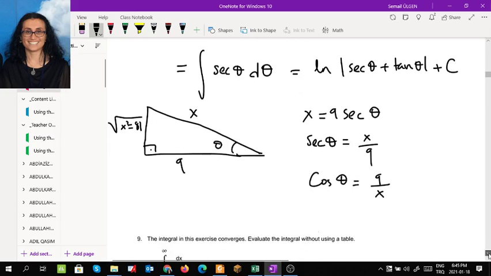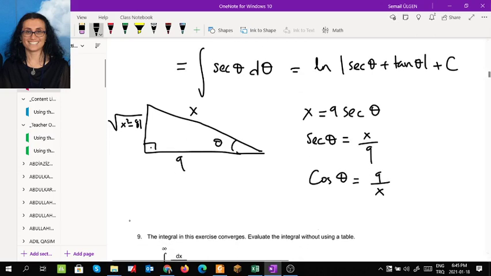Now, what did I find? y is equal to ln. What is secant theta? Secant theta is x over 9, so I'm going to write it here. Tangent theta is going to be this over this, so square root of x squared minus 81 over 9.